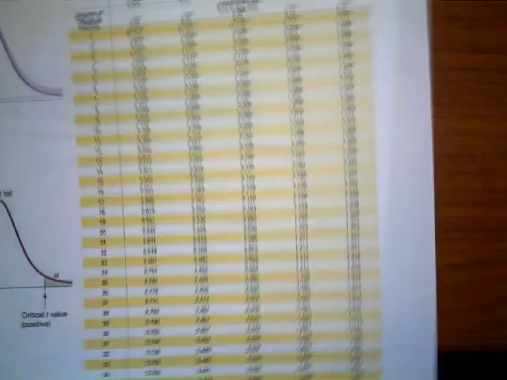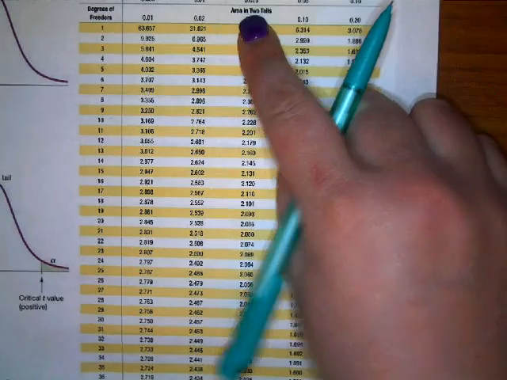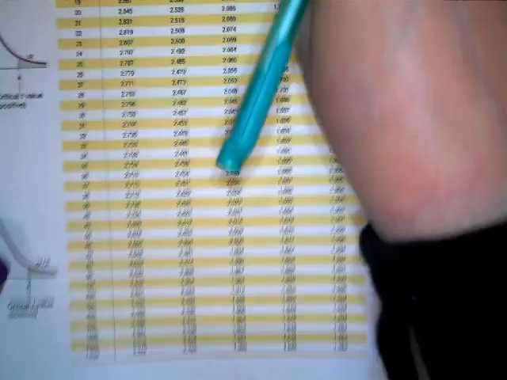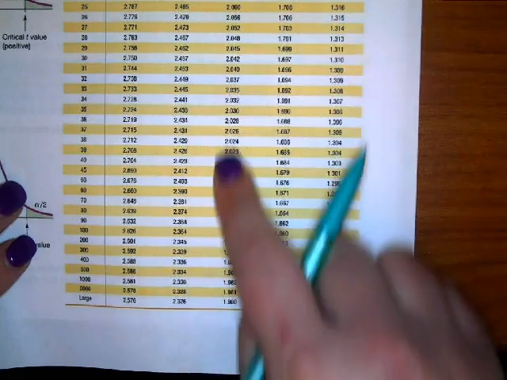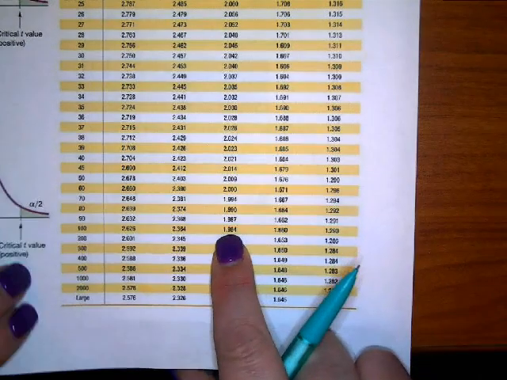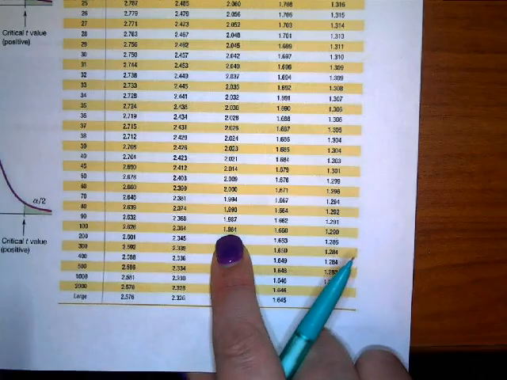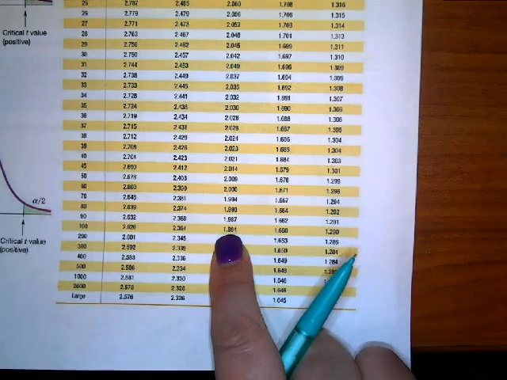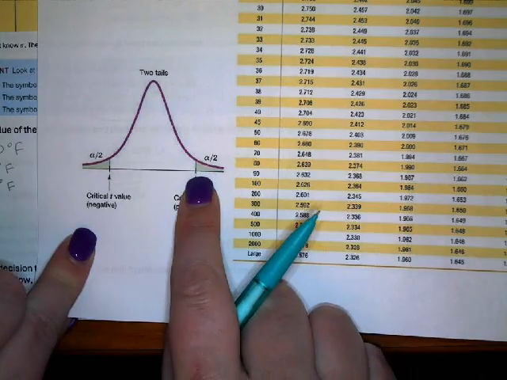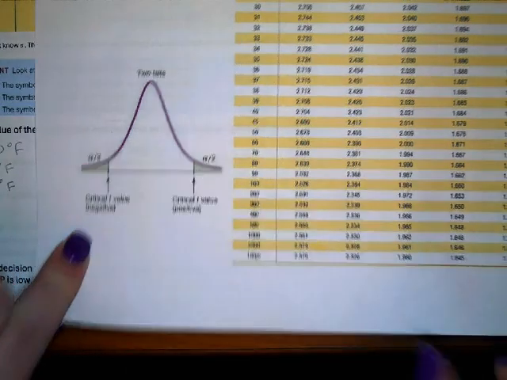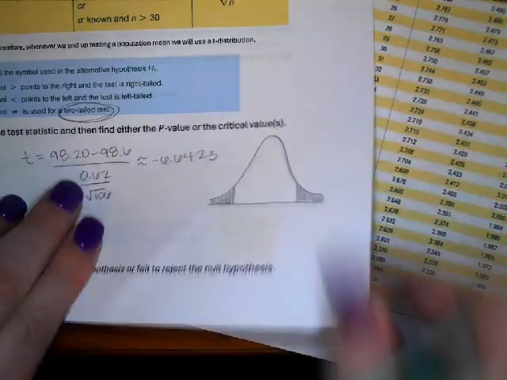I'm looking at 0.05, and I'm going all the way down to 100, and I get 1.984. So that's going to be my critical t-value, and it's going to go for each of the 2 tails, 1.984, negative 1.984, and I'm going to label that on both sides.